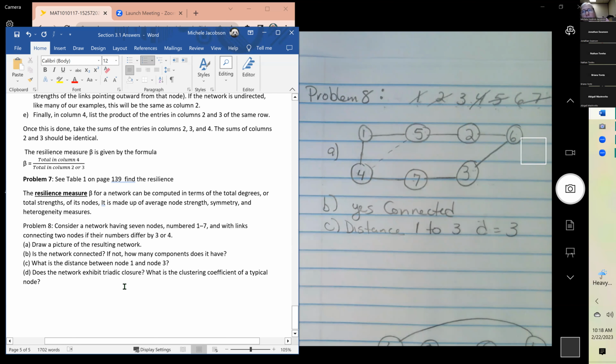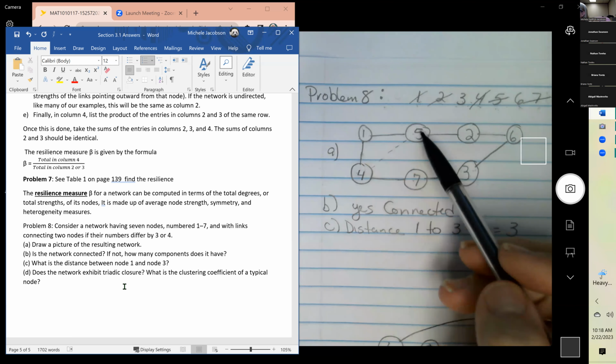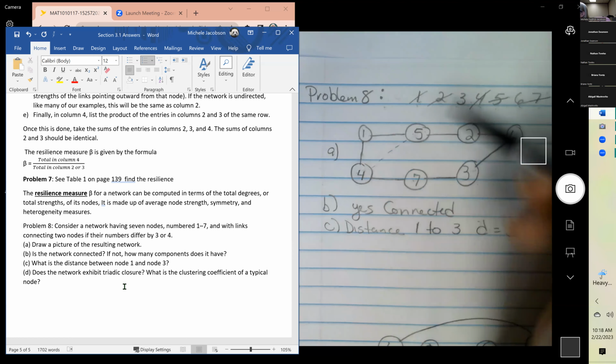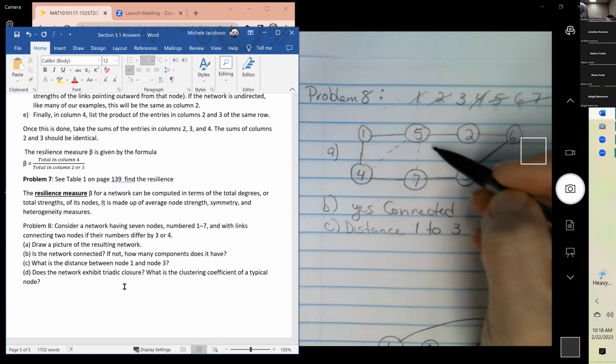In order to have triadic closure, everyone in the cluster has to be friends with everybody else. Which means there needs to be a direct link from each one to the other. So we would have to have a direct link to all of them.